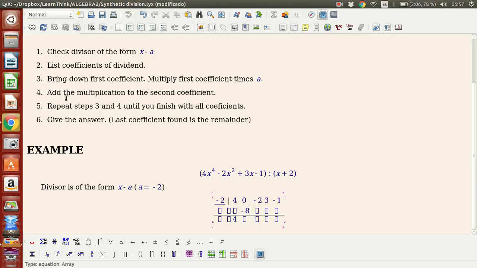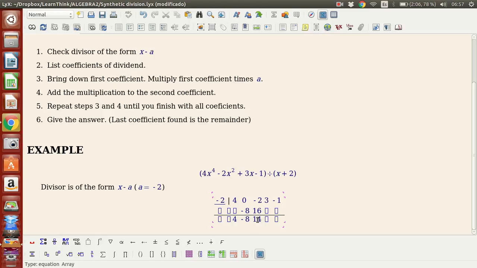And we're going to add the multiplication to the second coefficient. 0 plus negative 8 is negative 8. Now repeat the steps until you finish with all coefficients. Negative 8 times negative 2 is 16. Now add the multiplication. 16 minus 2 is 14.